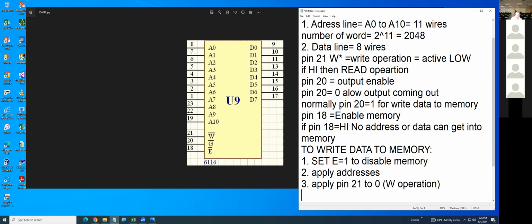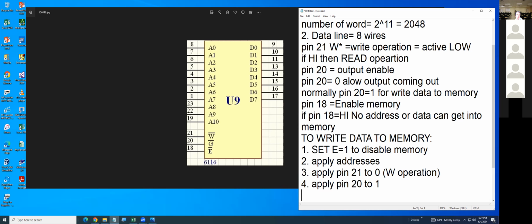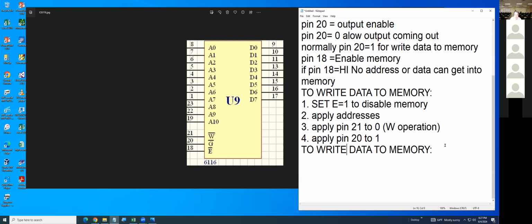Apply pin 20, to 1. Do not read it. That means you apply address. And now write data.